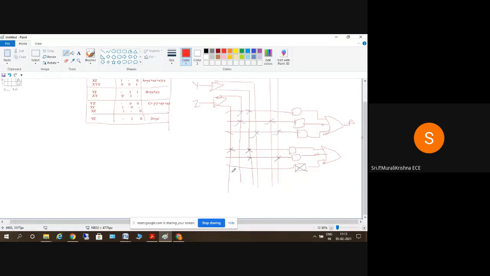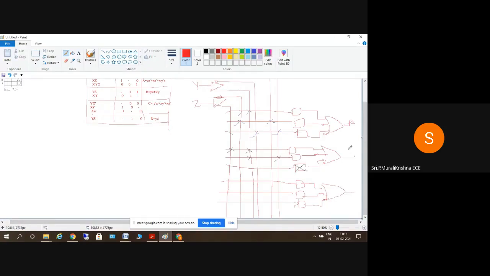So what is the third one? We have 3 product terms. 3 AND gates. So 3 AND gates are given to an OR gate.